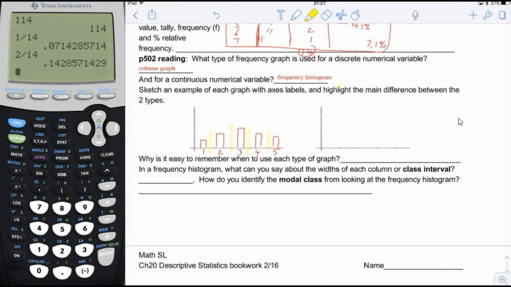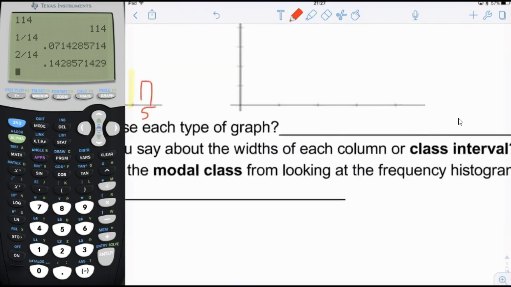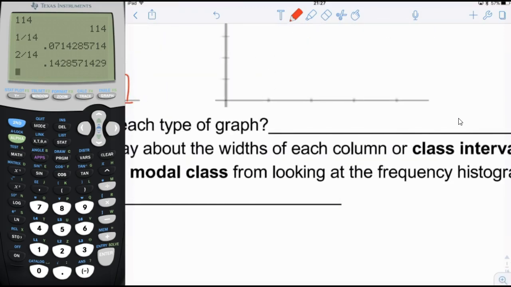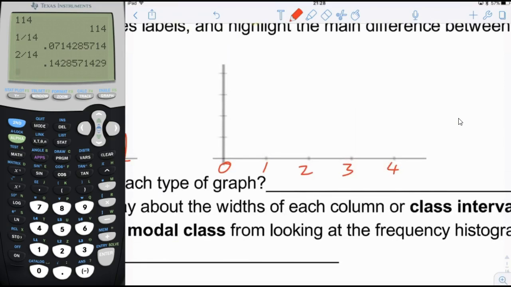And when you do the same type of graph for a continuous variable, let's say GPAs. GPAs can range from 0 through 4, and they could be 3.5, they could be any number in between 0 and 1, 1 and 2, etc. So sometimes when we graph those, at least in IB, we graph them like this.